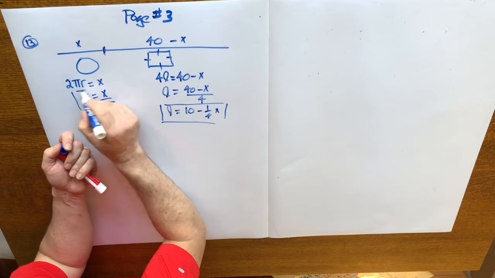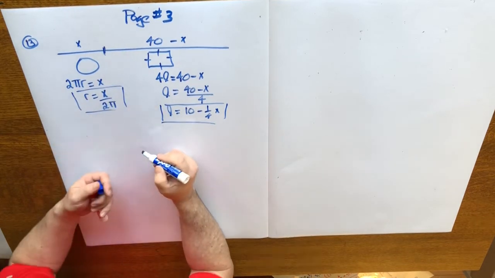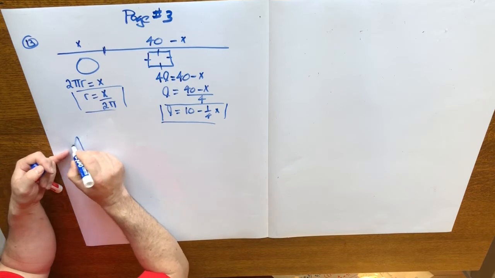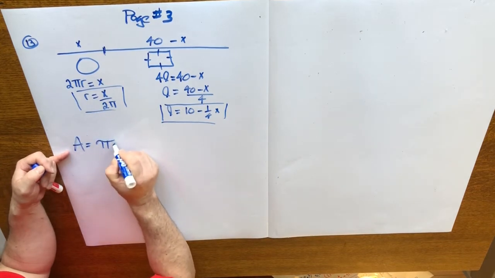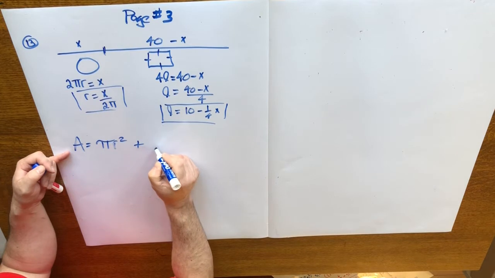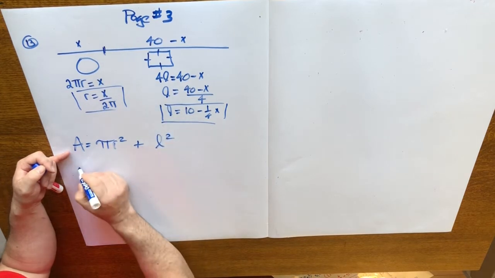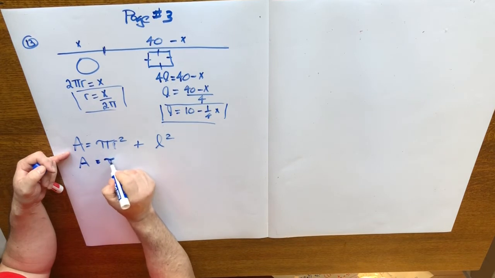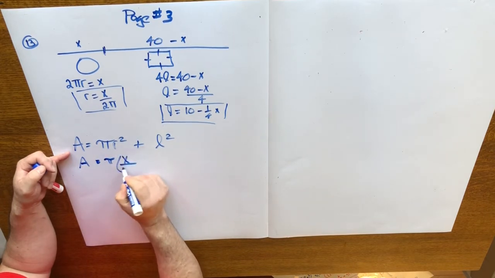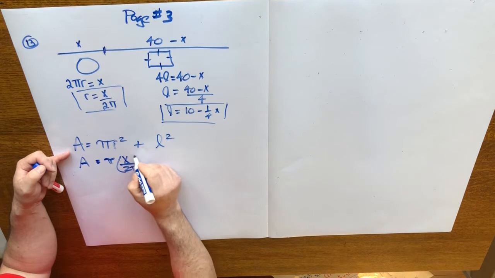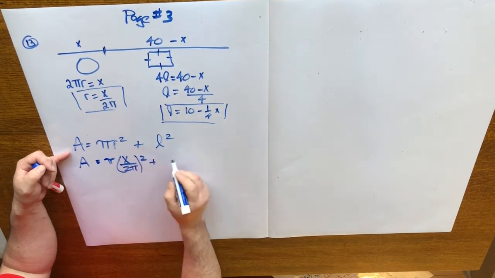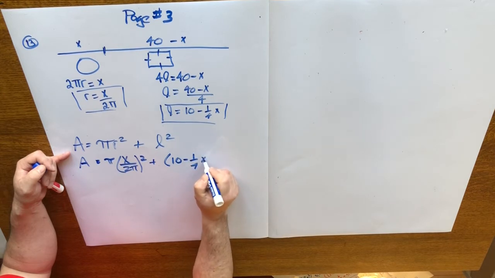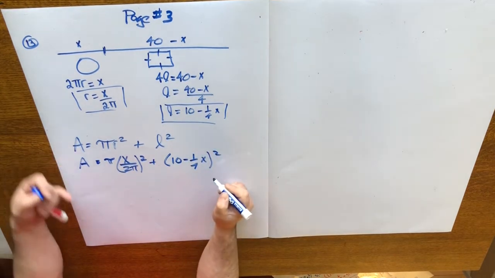So now we have both expressions in terms of x. The formula for area of a circle is pi r squared. The area of a square is L squared. So our formula is going to be A equals pi times x over 2 pi all squared plus 10 minus 1/4 x all squared.